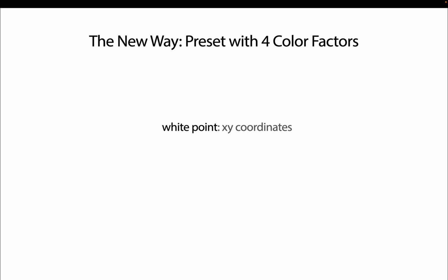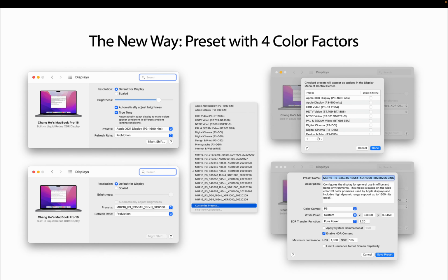Remember, there are 4 elements to consider: white point, illuminance, gamma, and color gamut. And now you have roughly 2 options to go for. First, use Apple XDR preset with auto brightness and true tone functions on.